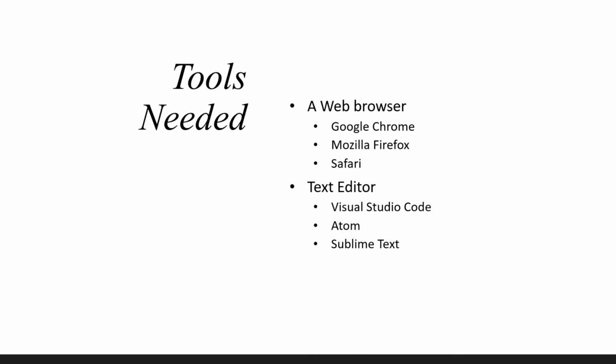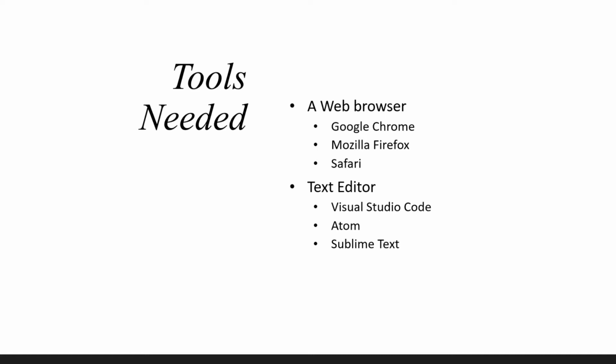So in this course, what do we need? We will need a web browser. That would be Google Chrome, Mozilla, Safari, Microsoft Edge, or any other web browser that you're comfortable with. In this video, I'll be using the Chrome browser.